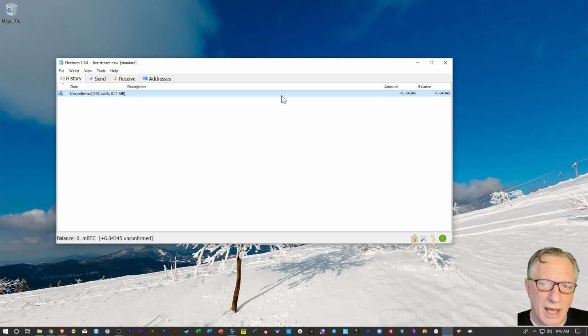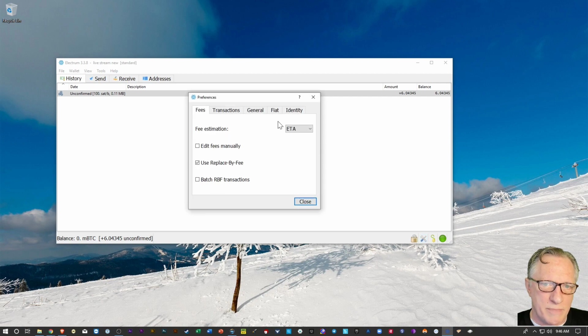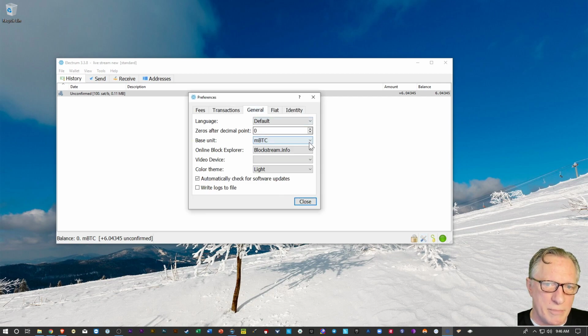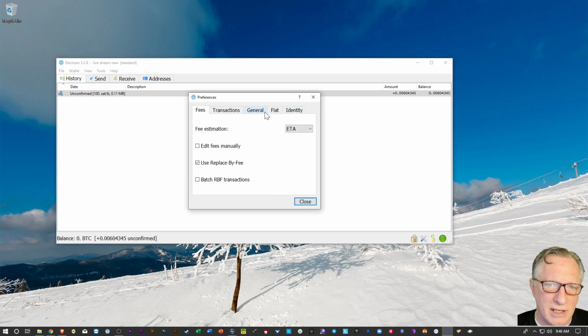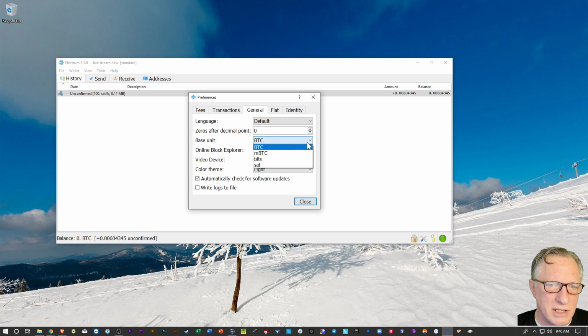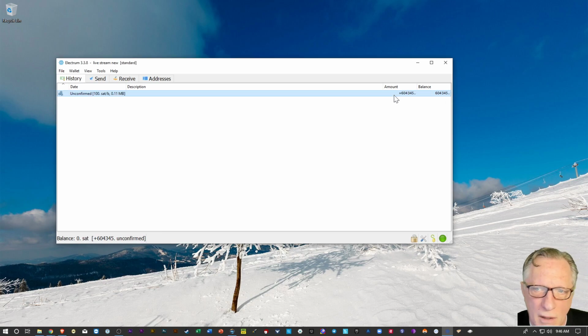So when I look at this balance in terms of just straight up Bitcoin, my base unit, then it looks kind of small. It is, but it's worth $60, right? Now we can also change this to Satoshis if we want. How many Satoshis do I have? Oh, okay.